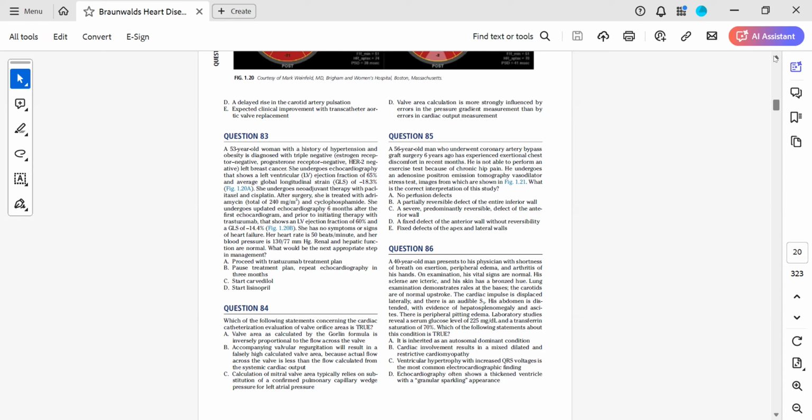That's determining the orientation of the images that were given. But C was the answer that they picked, that there was a severe, predominantly reversible defect in the anterior wall. So I don't know if we have anyone who can give more clarification on that.